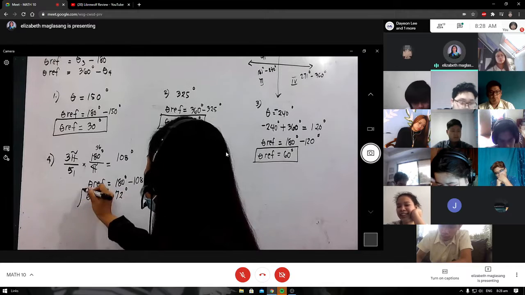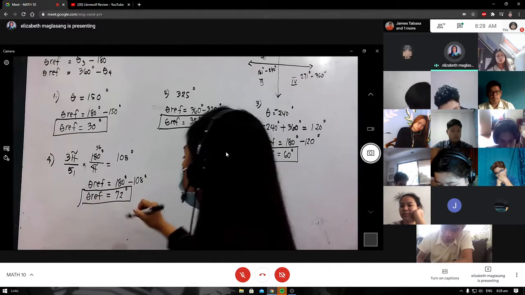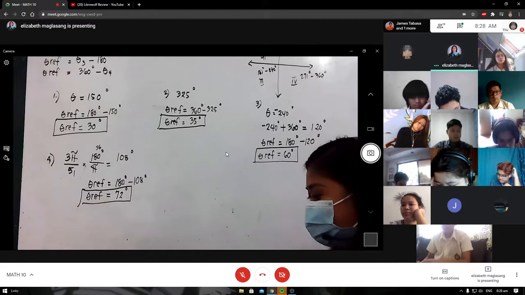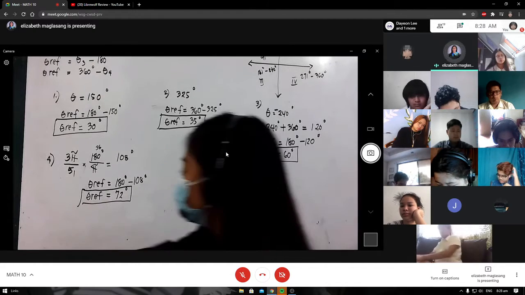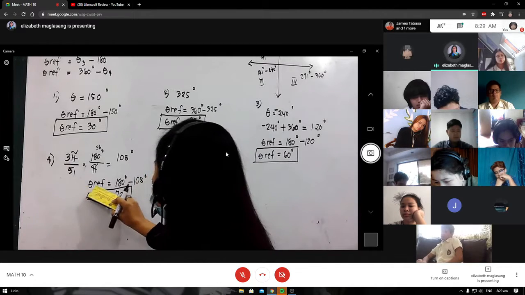So that is your reference angle on that given radian. Is that the final answer? No, because the given there is in radian, so you still have to convert it into radian.